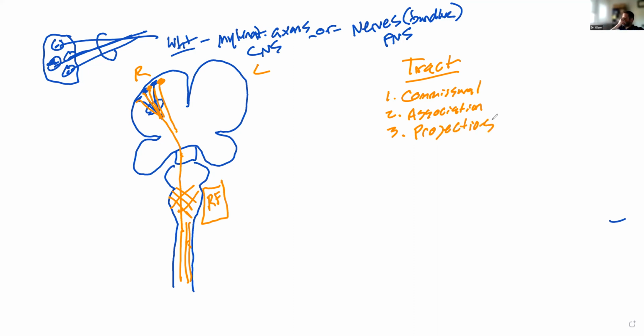So you need to sort of subdivide these tracts, and let's go back to a blue, and let's look at commissural. So this is a superior view of our brain. And we have a left and a right hemisphere.